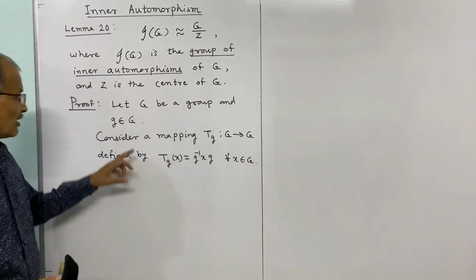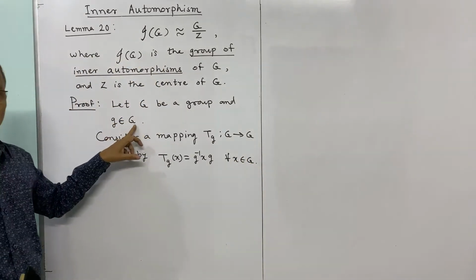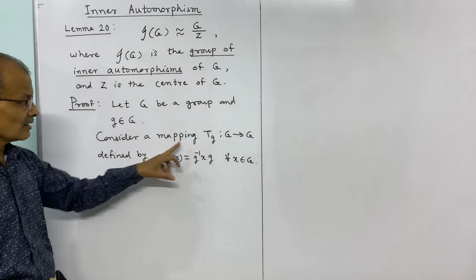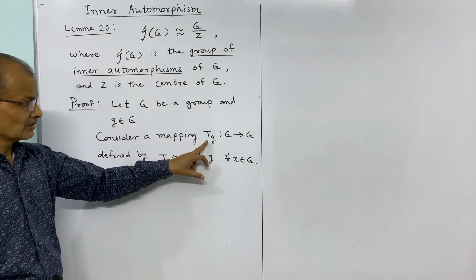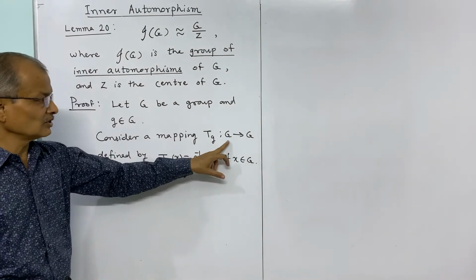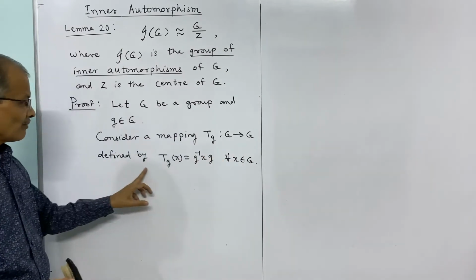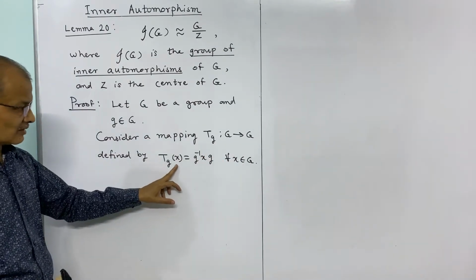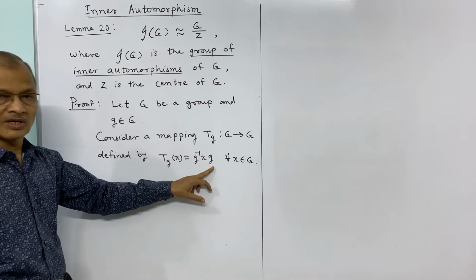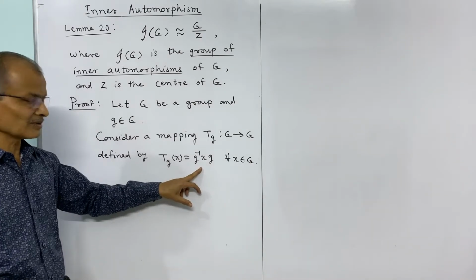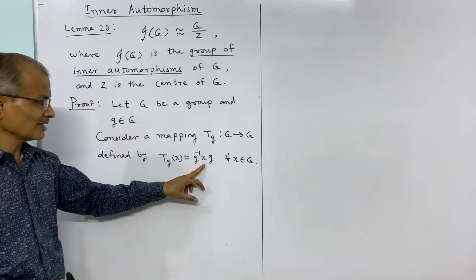See, what we have considered: G is a group, g is an element of G, and then we are considering a mapping Tg from G to G itself, defined by Tg of x is equal to g inverse x g. So this is a conjugate of x by g.